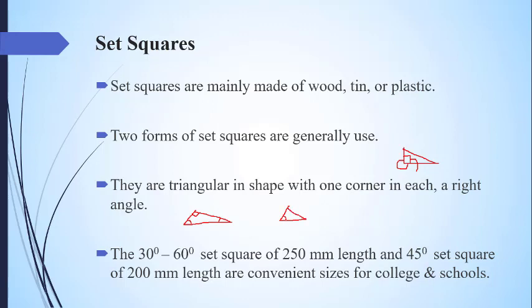So there are two types of set square: the first consists of 30, 60, 90, and the other is 45, 45, and 90. For simple angles, that is 30, 60, and 45, we can use these set squares.